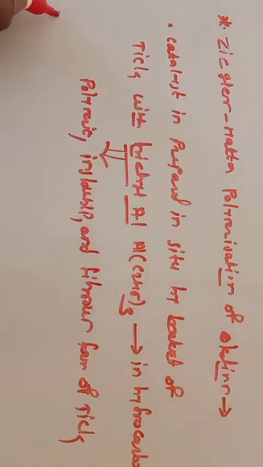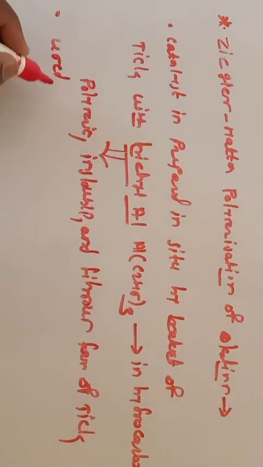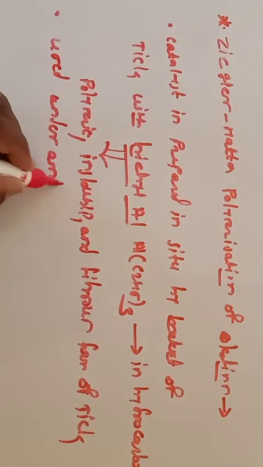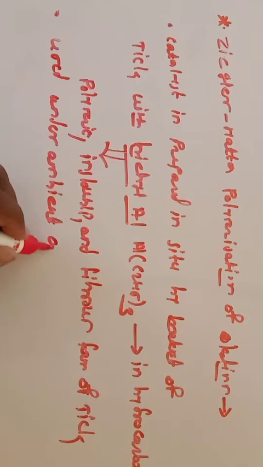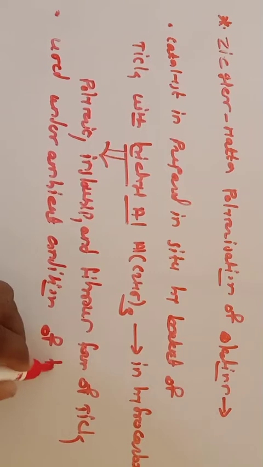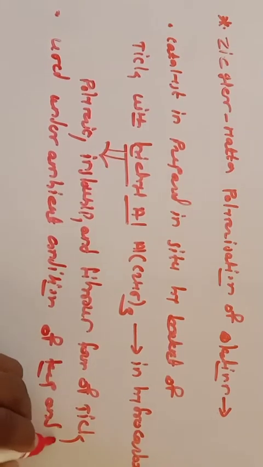The next important point is that this Ziegler-Natta catalyst can be used for polymerization of ethylene and other alkenes under ambient conditions of temperature and pressure, that is, room temperature and a pressure of 1 atmosphere.